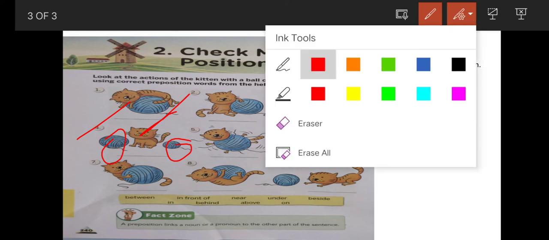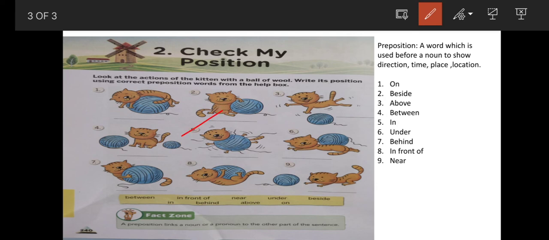Next, 5. What is the position of the cat? The position of the cat is in. The cat is in the wool. Write in in the given blank. Next, 6. What is the position of the cat? The cat is under.